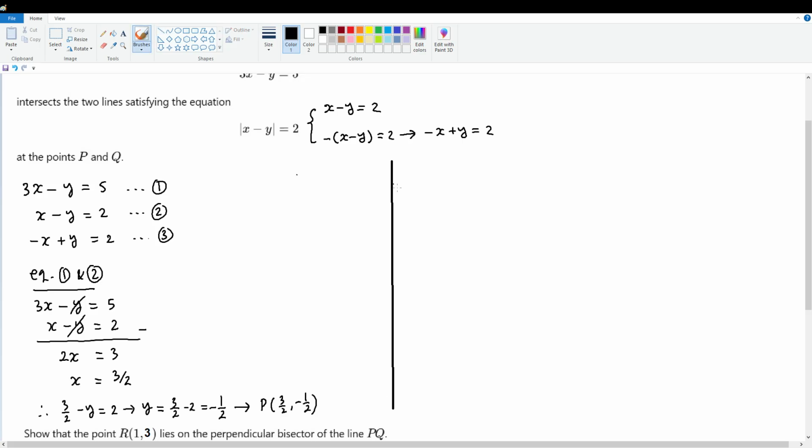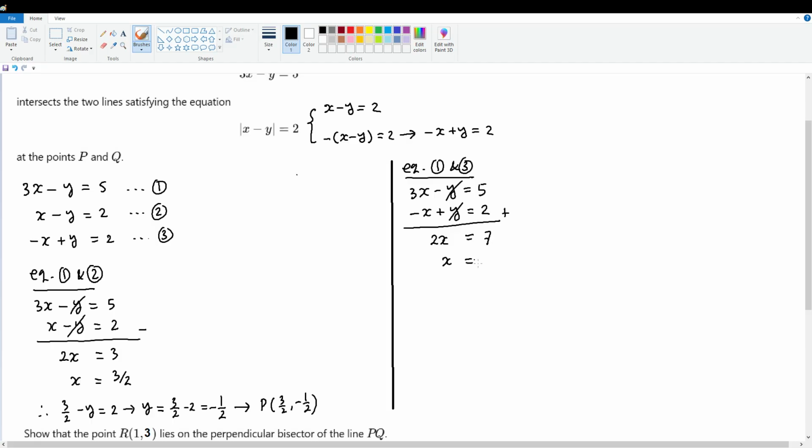Next, we can go to the second way. Here we have equations 1 and 3. So I write down here 3x minus y equals 5 and minus x plus y equals 2. And then I want to eliminate the variable y. I'll choose the positive sign. So 3x plus minus x is 2x, minus y plus y is cancelled out, and 5 plus 2 is 7.